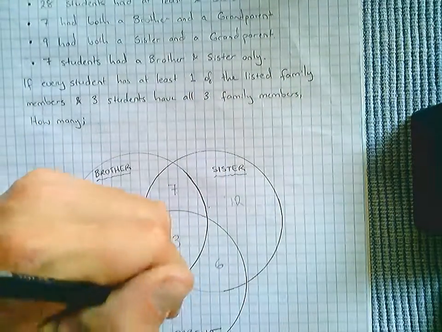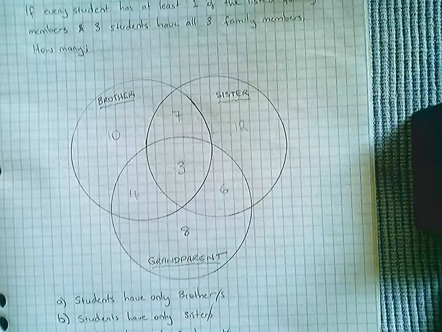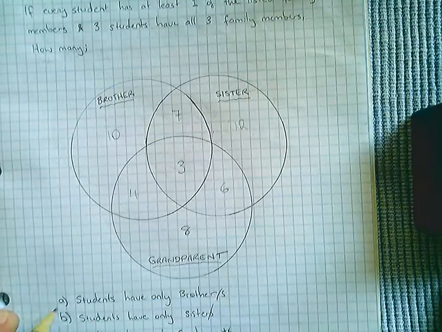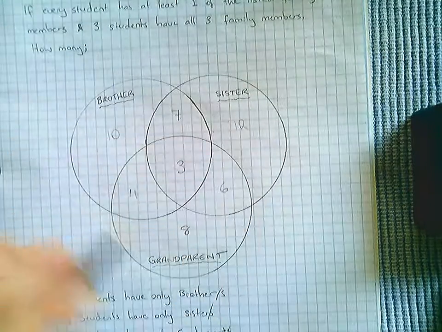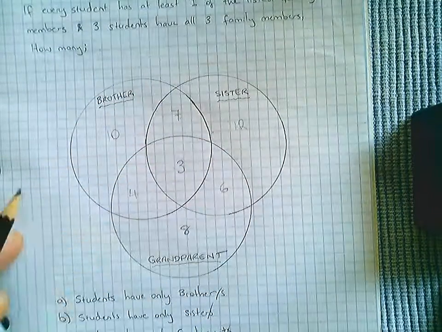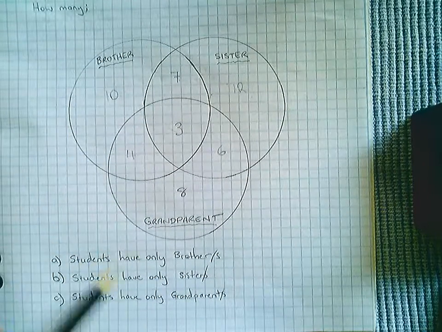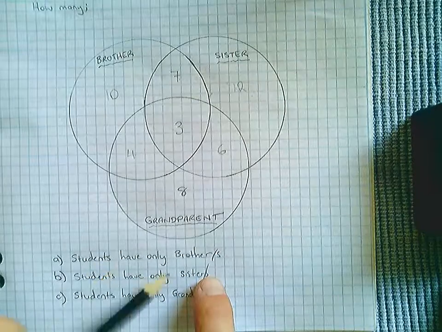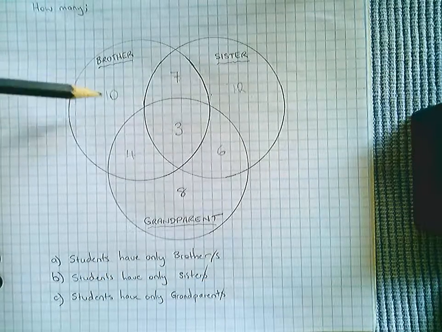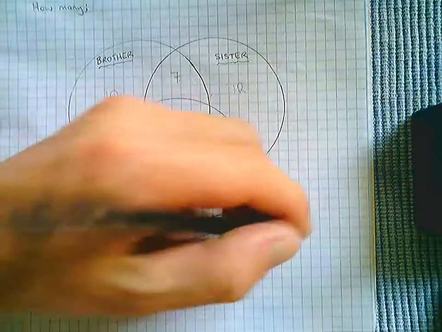So once I put my 8 in, I should have answered the question, or I can go about answering the question. This is the hard work right here. That's the heavy lifting. Once you know what these values represent, it's pretty simple to answer these 3 questions. So question A, students having only brothers, would be this 10.